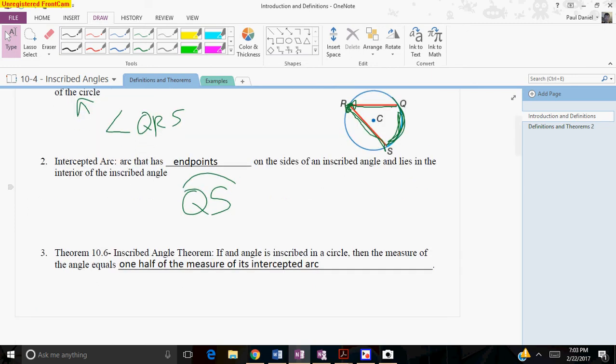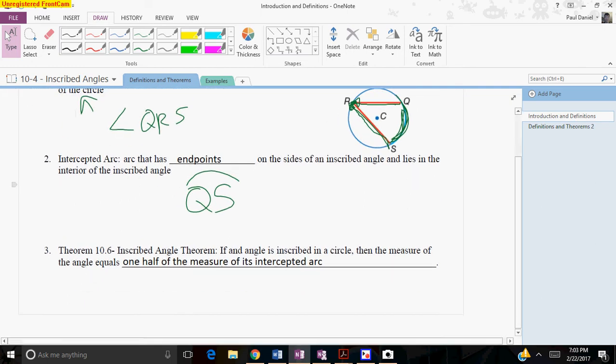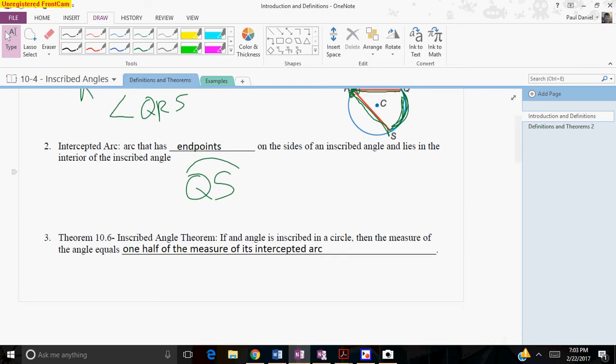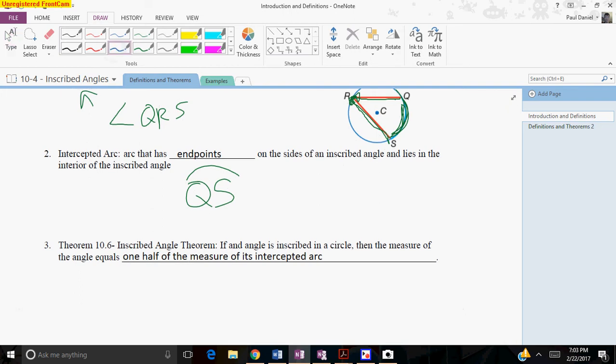So basically, just like our example for our circle, the measure of that angle QRS is equal to 1/2 the measure of the arc QS. Okay, so this is going to be really important. If you're given the arc, I'm going to be able to find the angle. If I'm given the angle, I'm going to be able to find the arc.